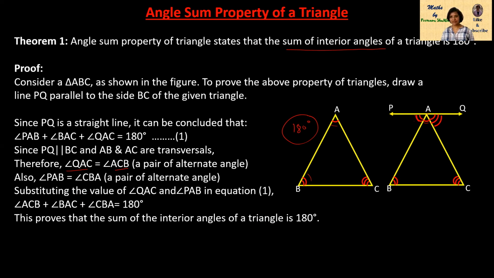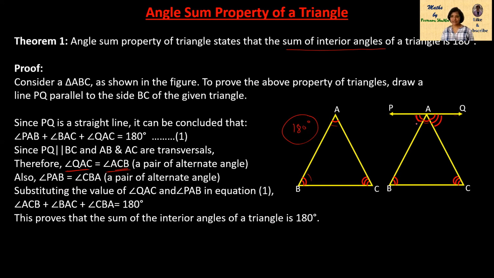When lines are parallel, alternate interior angles will be equal. So these lines are parallel, and alternate interior angles QAC equals BCA, or ACB. Here I have written angle QAC equals angle ACB, a pair of alternate angles, right?